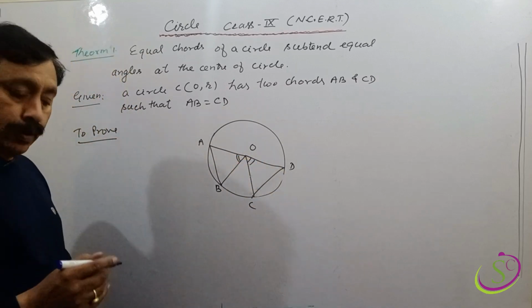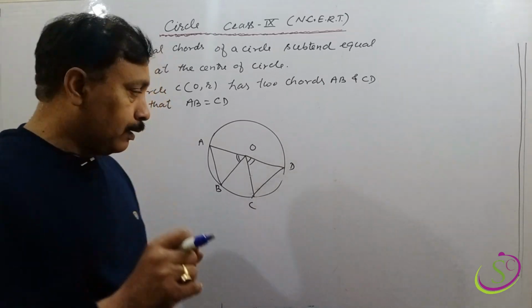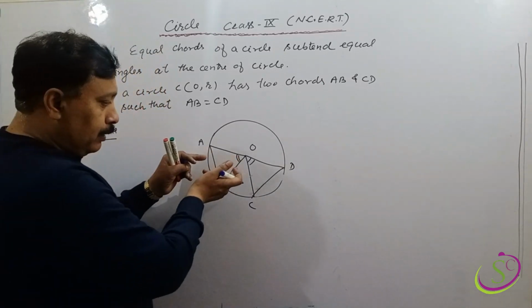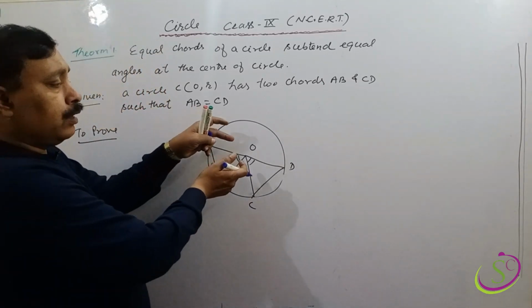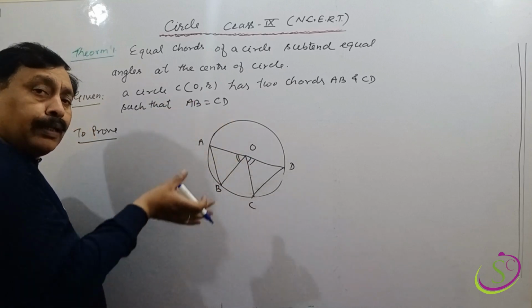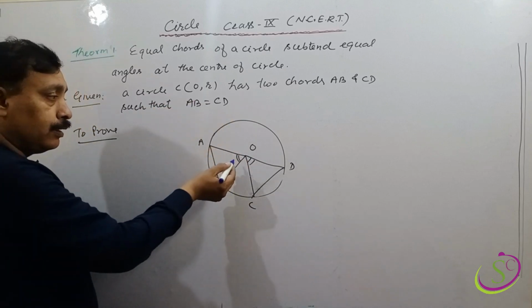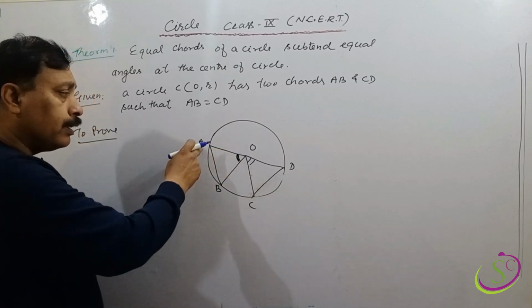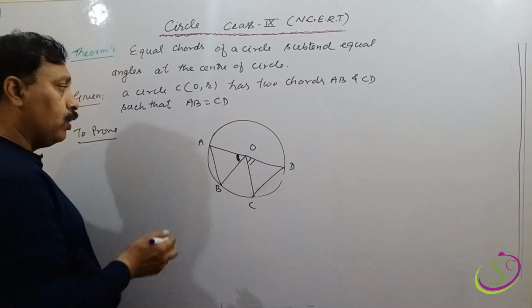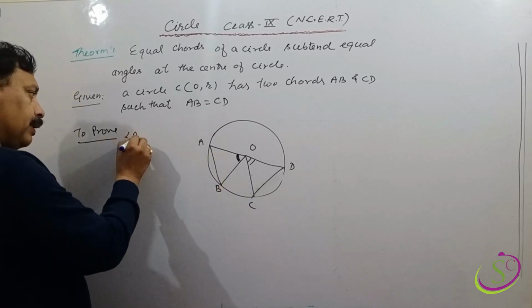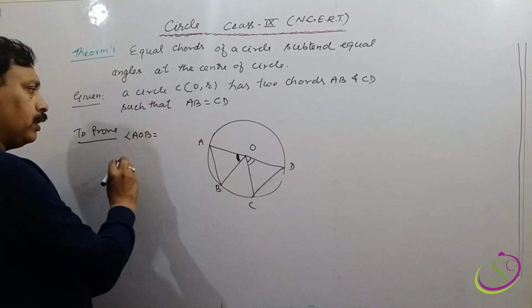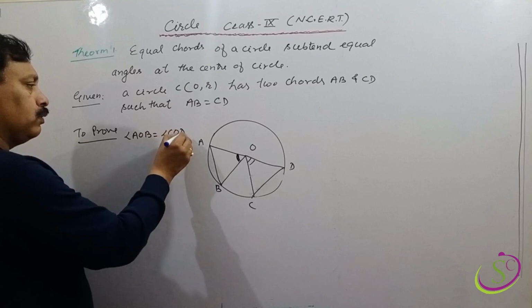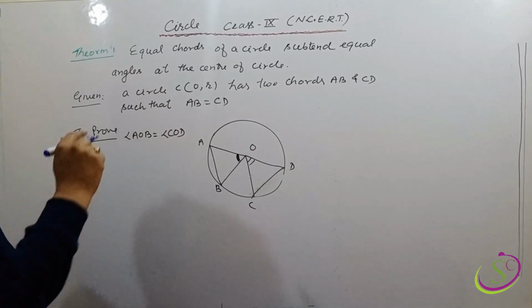Okay, meaning of subtend means when we join the ends of the chord to the center of the circle, angle between the radii is called the angle subtended by the chord or this arc. Clear? So means we have to prove angle AOB will equal to angle COD. Clear?